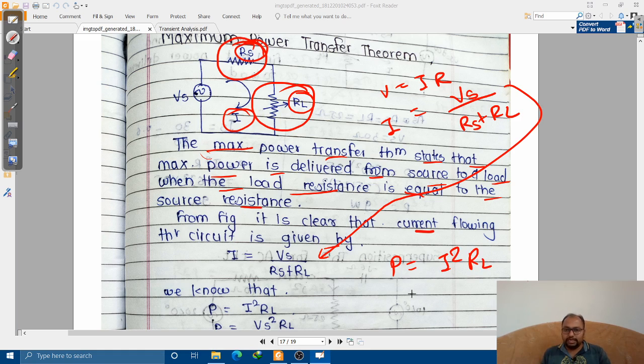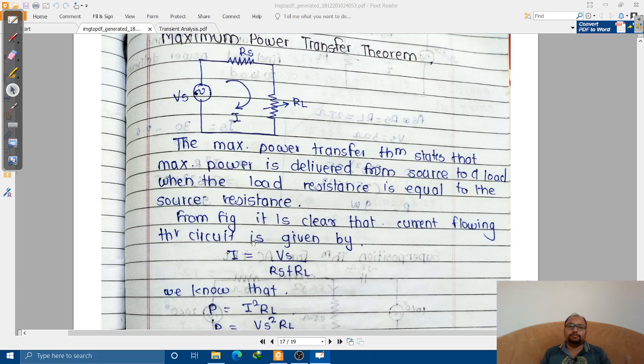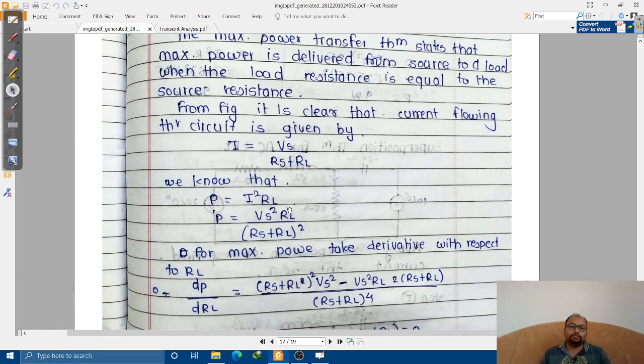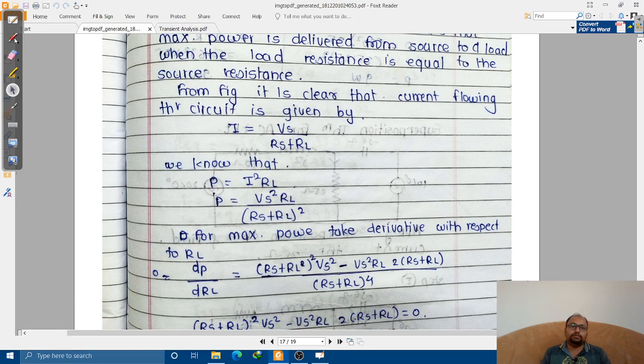So let us represent this power in terms of V. Over here we are going to replace that I by V divided by RS plus RL, whole bracket square, because I square is there, into RL. This is nothing but now the power.